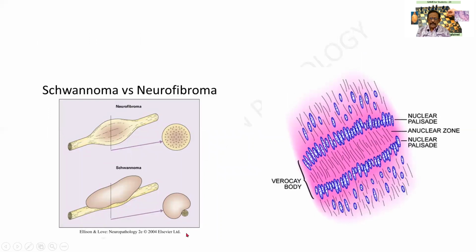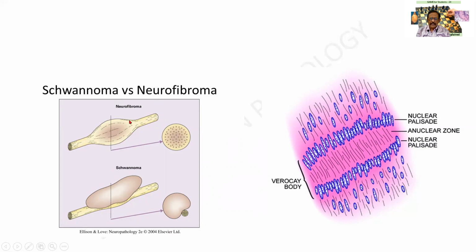And beautiful diagrams. This I would like you people to draw in your theory. The source of it is given over here. In a case of a neurofibroma, it arises from within the nerve bundle, as a result of which the tumor itself is largely spindle shaped. A normal nerve, the tumor, and then again the normal nerve.